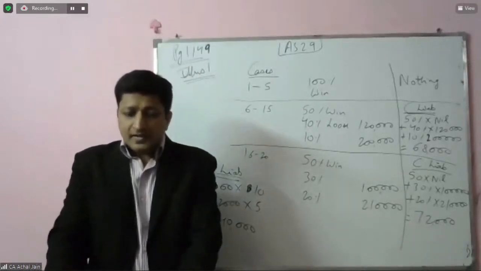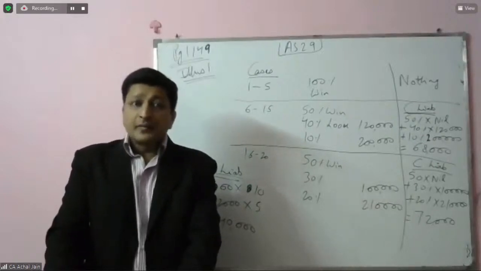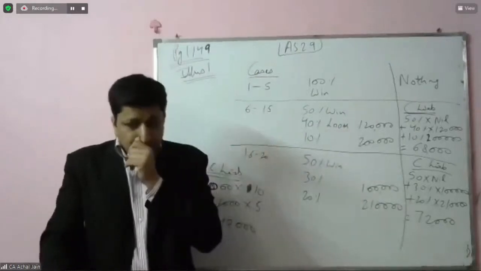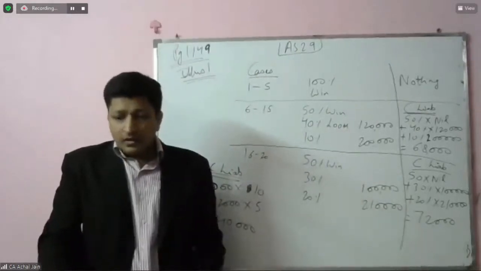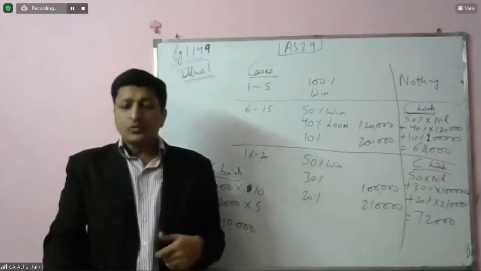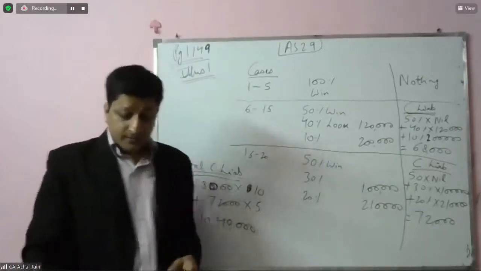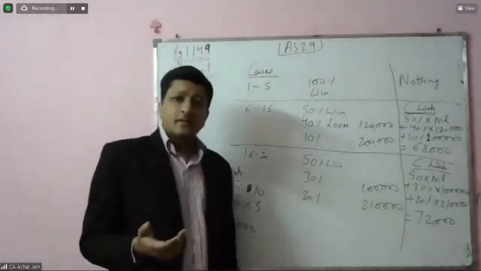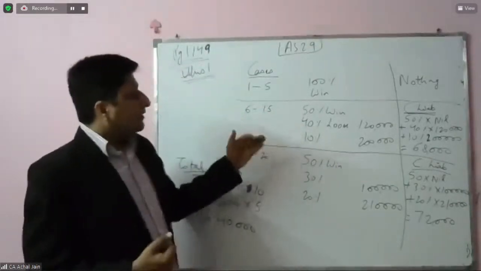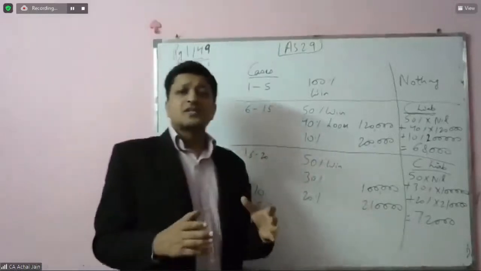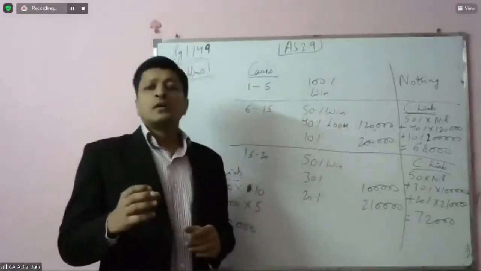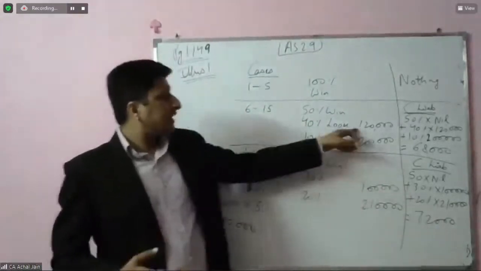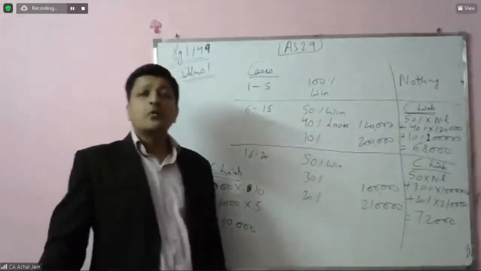Okay, Christina is asking, sir, why did we multiply 40% with 1,20,000? Why can't we take 1,20,000 and 2 lakh as a contingent liability? Because here we are just applying this mathematical principle. So this is arithmetic that 50% chances are there for losing the case. Now the moment you say you will just take the total of these, so what is going to be your amount?